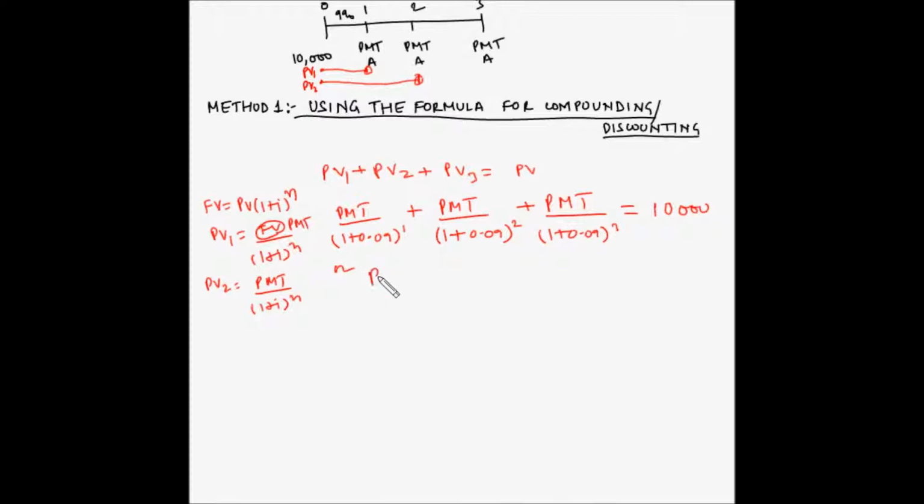So we can take PMT as common. So we get 1 divided by 1.09 plus 1 divided by 1.09 square plus 1 divided by 1.09 cube is equal to 10,000.